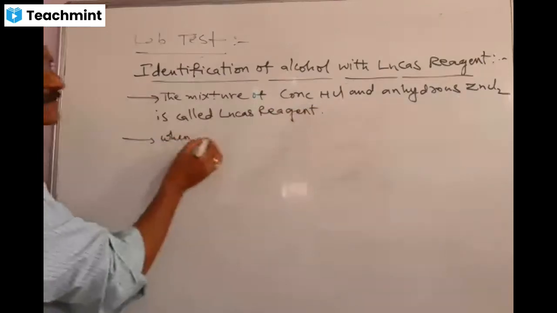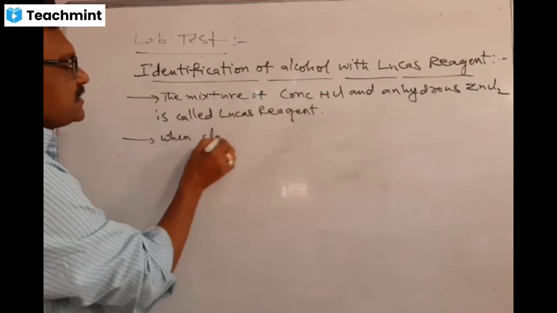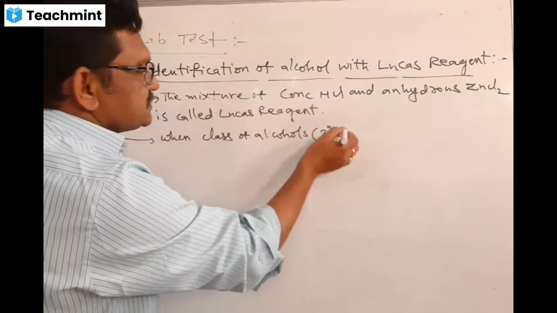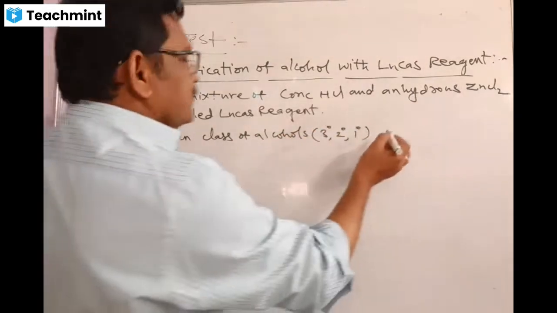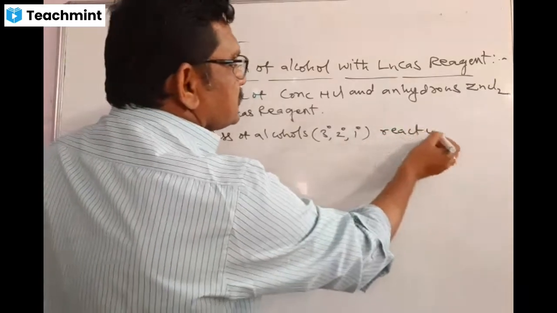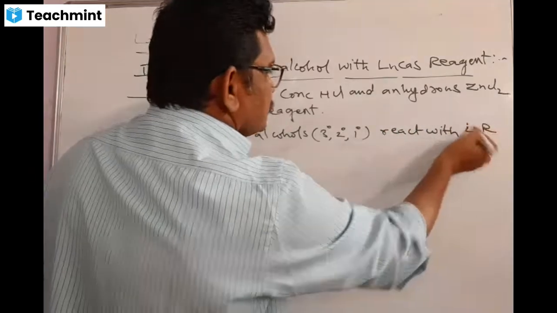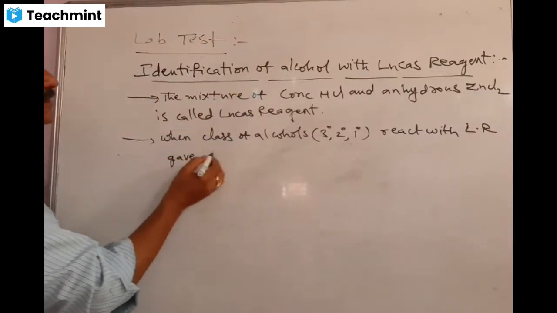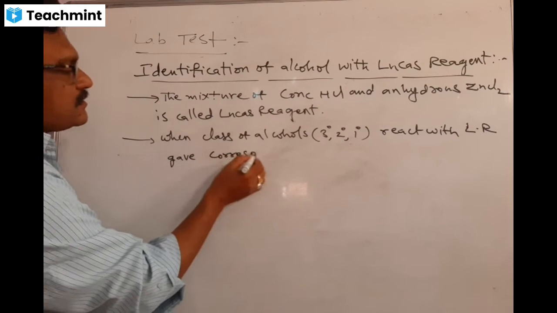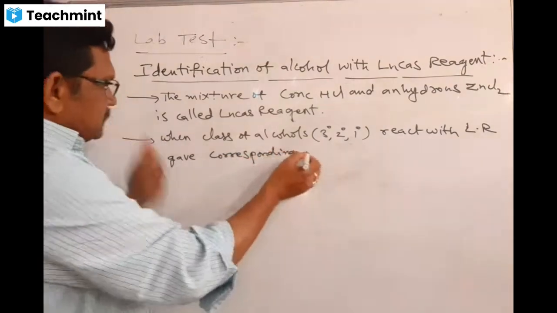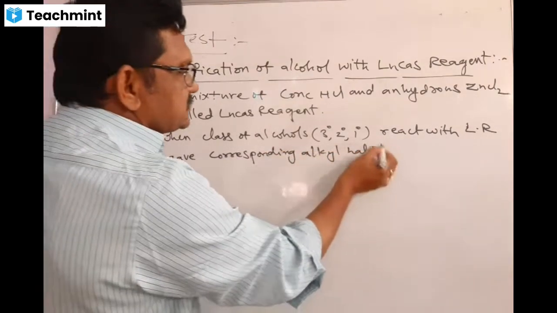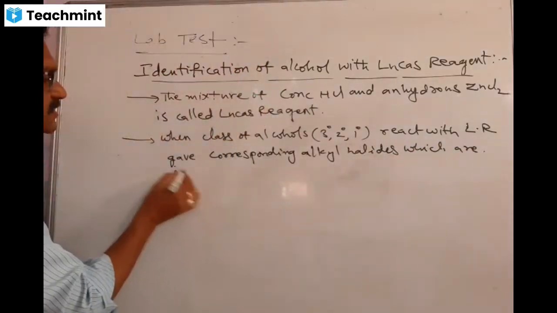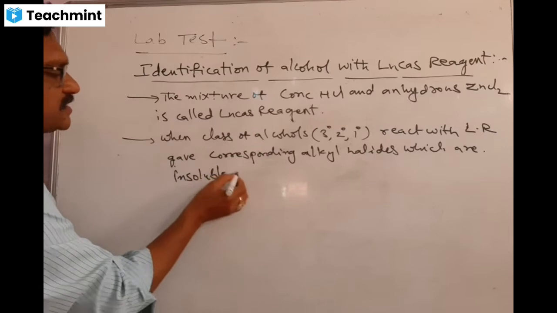When alcohols, particularly the class of alcohols, tertiary, secondary, primary, react with LR, Lucas reagent, they give corresponding alkyl halides, which are insoluble, nothing but precipitate, which are insoluble materials.